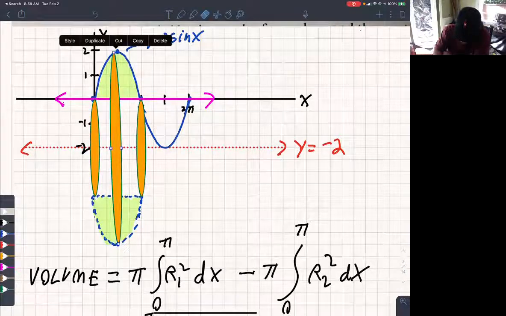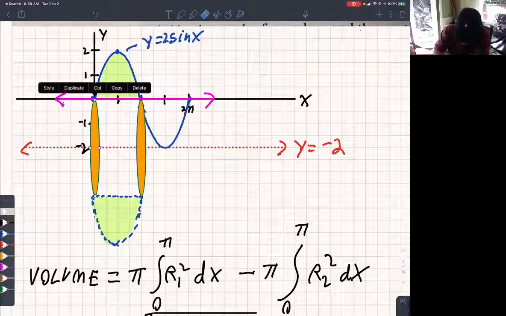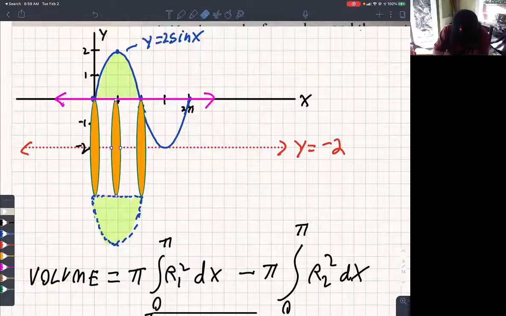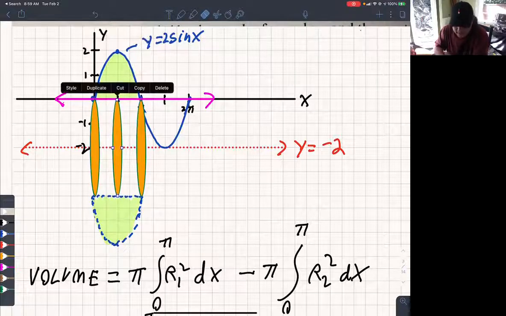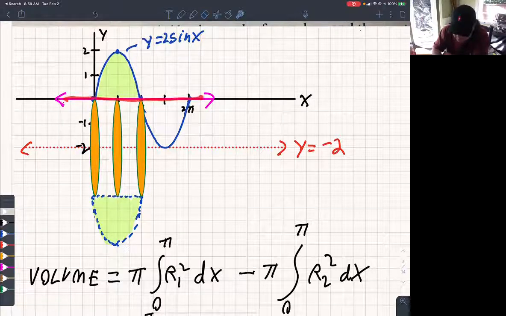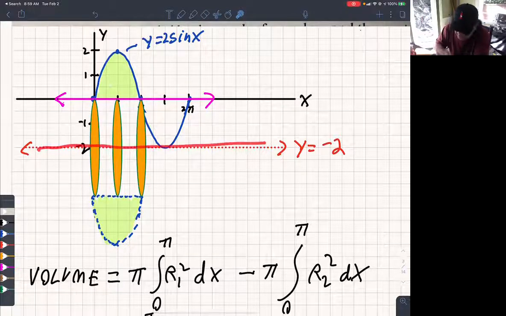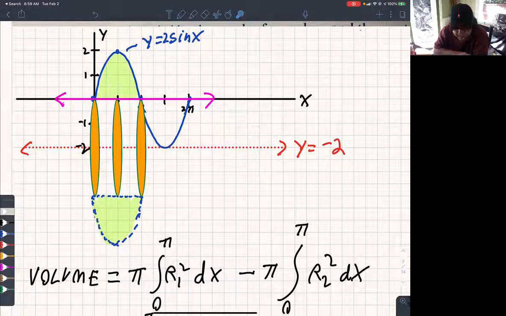Let me get rid of this one, and let me duplicate. That's the one I want. There we go. That's the hollow center. The hollow center is produced by rotating the x-axis around the axis of rotation, because the two curves that bounded your area were 2 sine x and the x-axis, which is y equals 0, as a reminder.